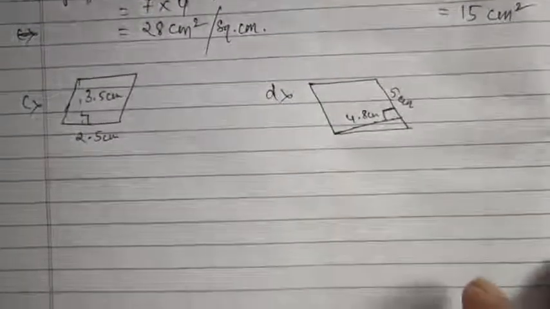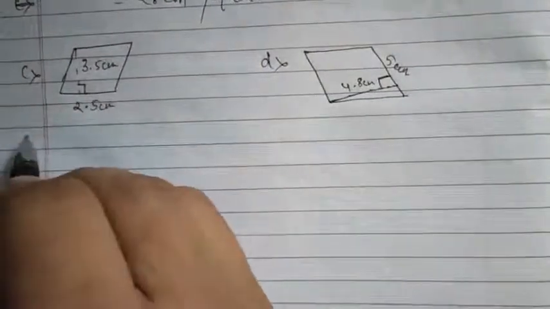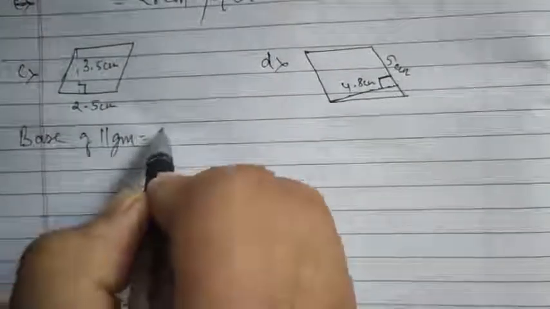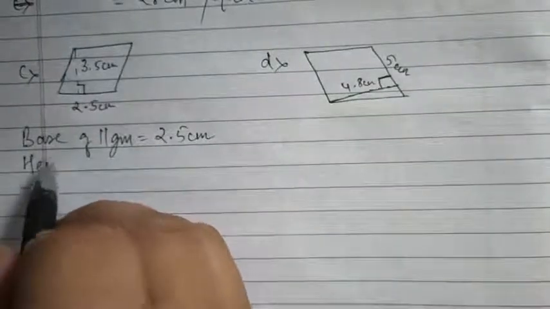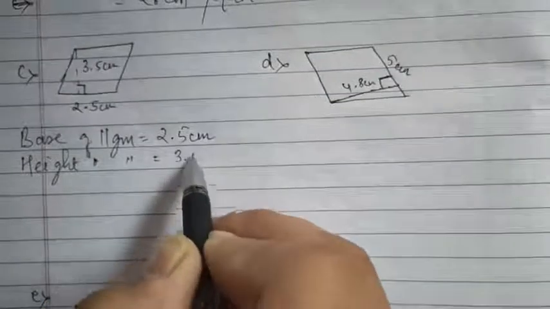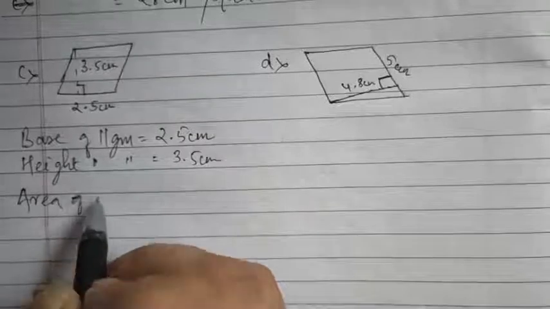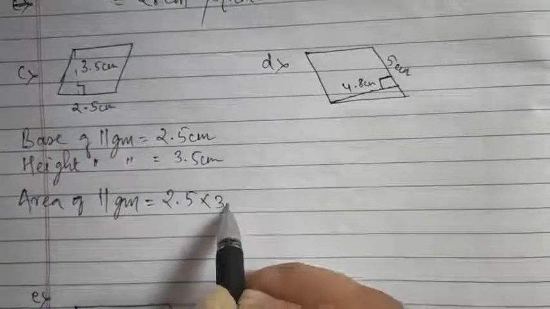Proceeding to part C, we have similar: base of parallelogram is equal to 2.5 centimeter. Height, given height of parallelogram is 3.5 centimeter. So you have to find out the area of parallelogram, 2.5 into 3.5.